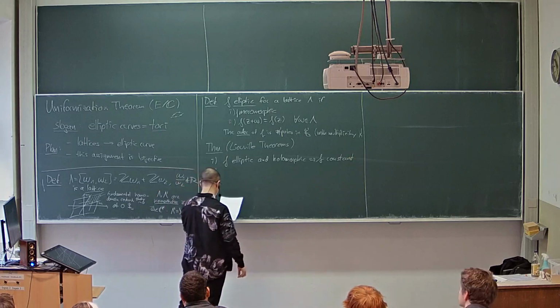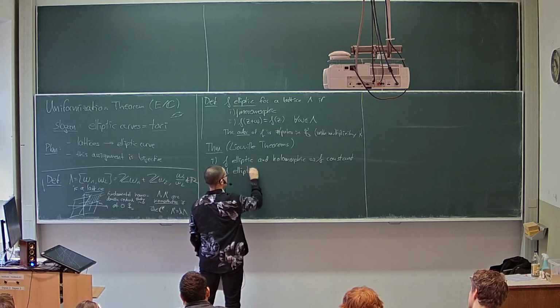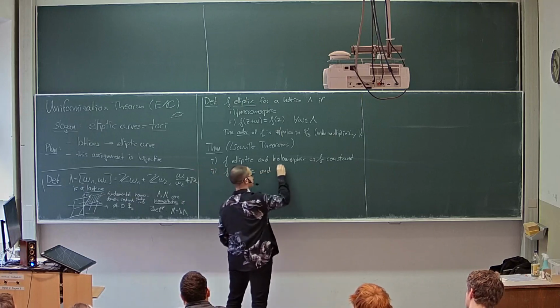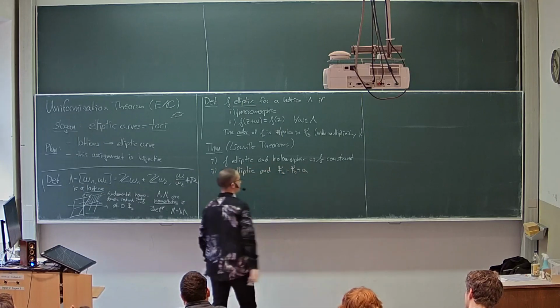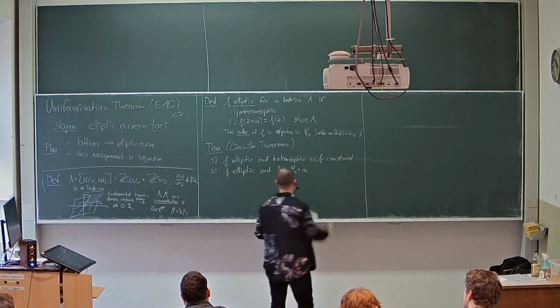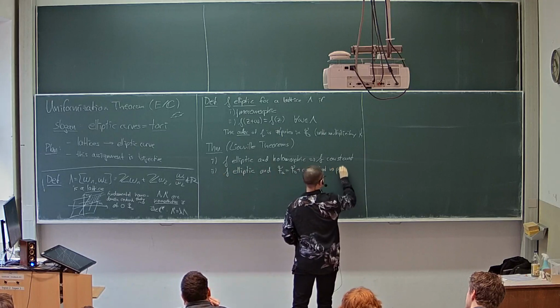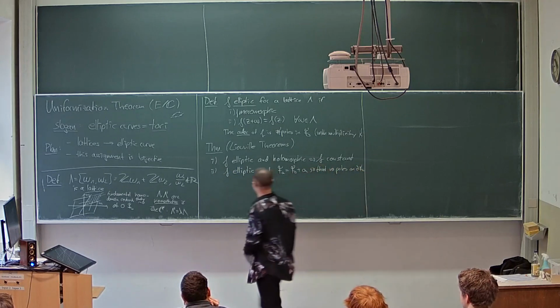And the second one is the following: if F is elliptic and we pick a translated fundamental domain so that no poles are on the boundary of this fundamental domain.